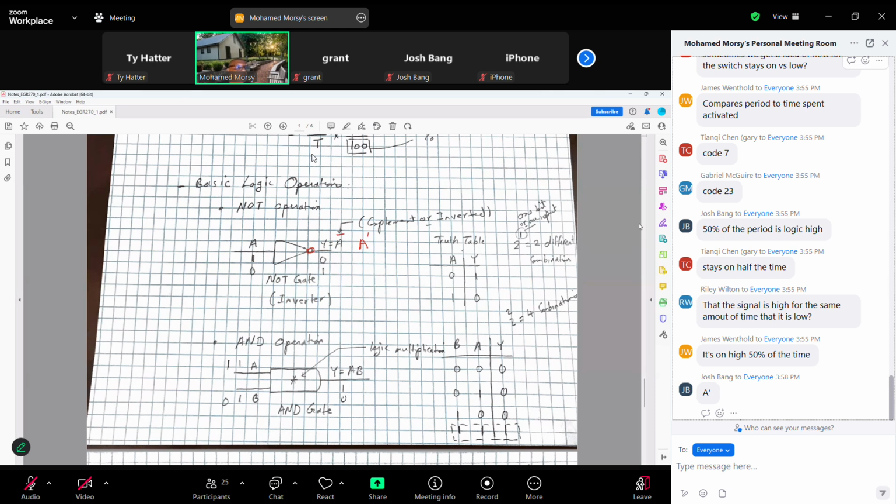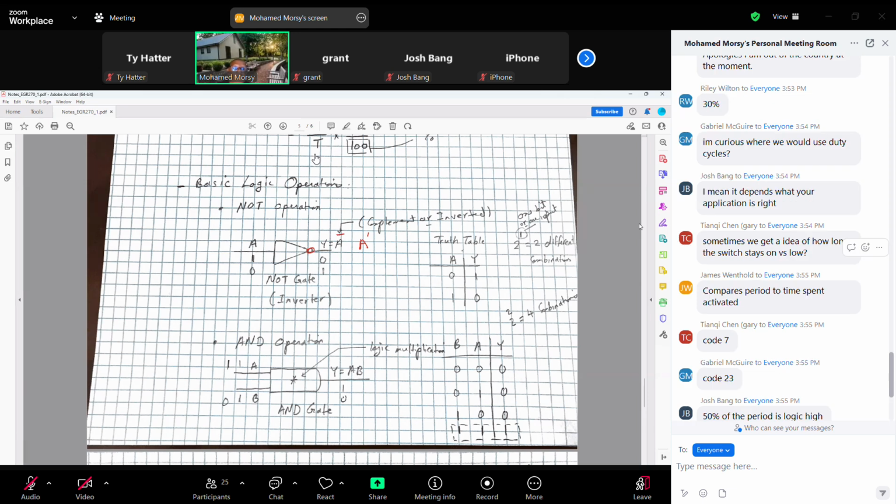The input is 1 bit, either 0 or 1, so it's 2 to the power 1, equal 2. So we have only 2 different combinations. If the input is 0, the output is 1. If the input is 1, the output is 0. So this is the function of the inverter.